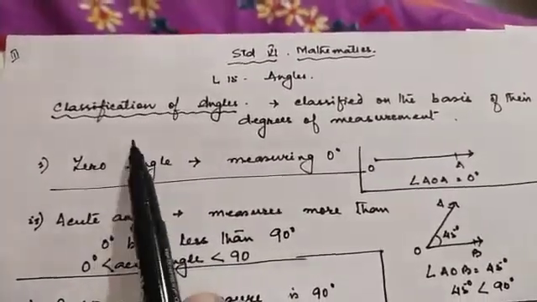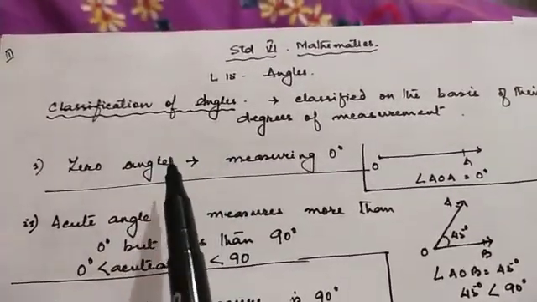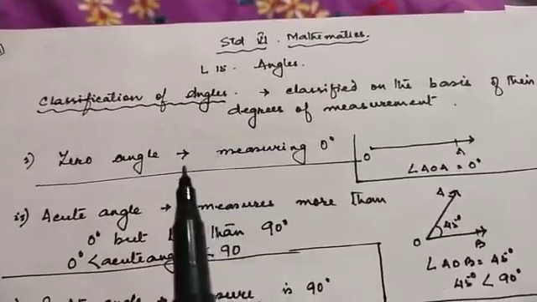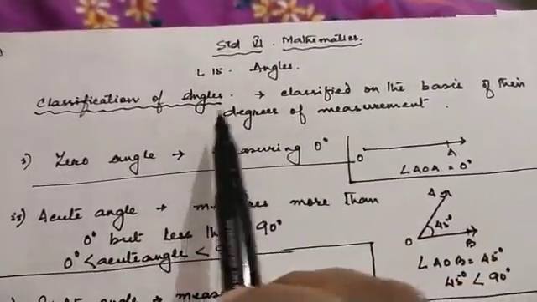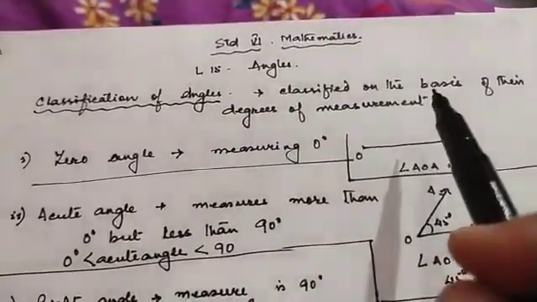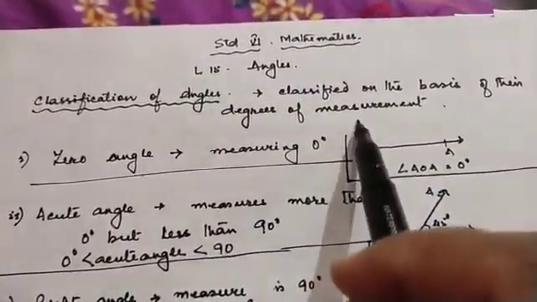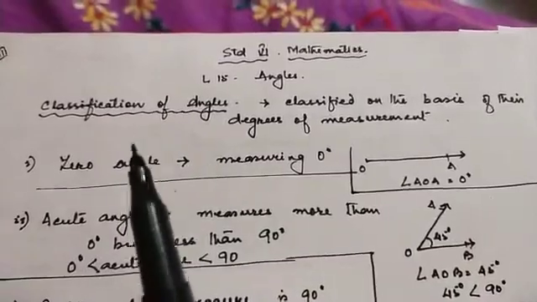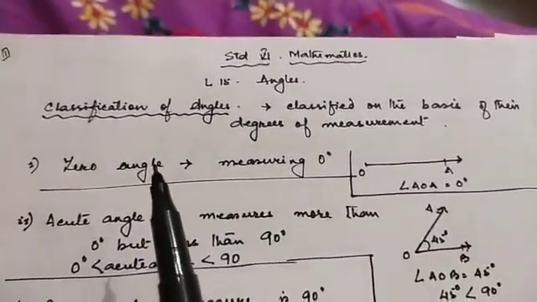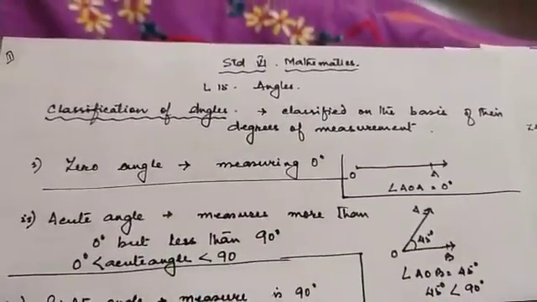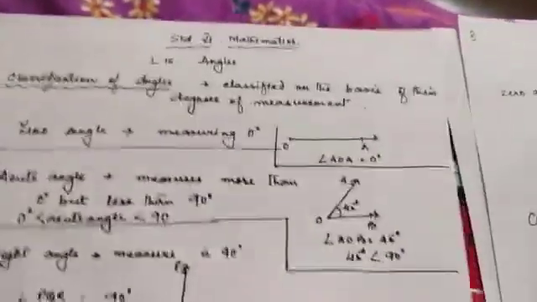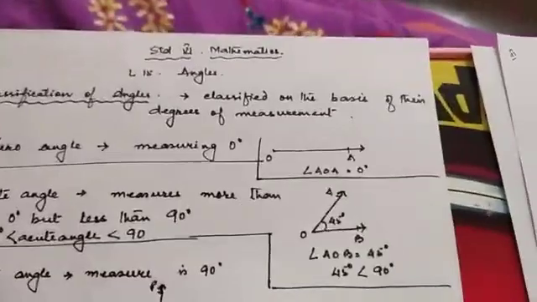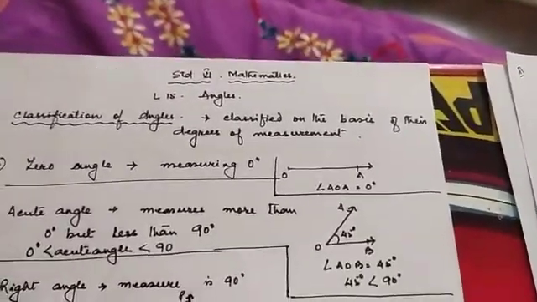Here we will classify the angles on the basis of the degrees of measurement. We are going to learn the 7 types of angles.